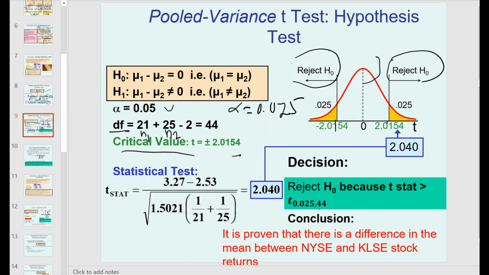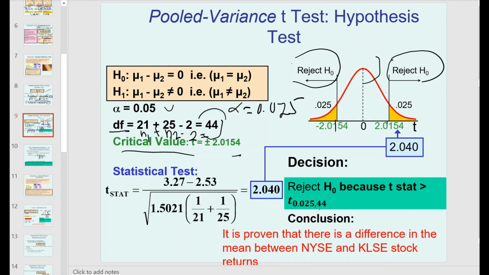N1 is 21, N2 is 25, minus 2 because you have two samples. You use this degree of freedom to read from the t table, so basically this is the value that you'll be getting.